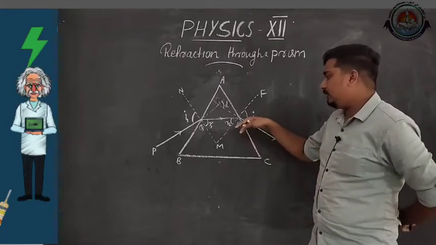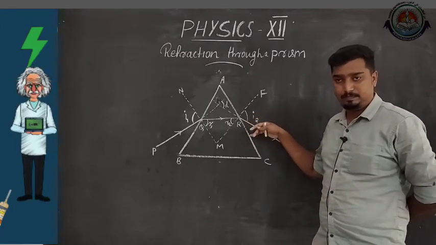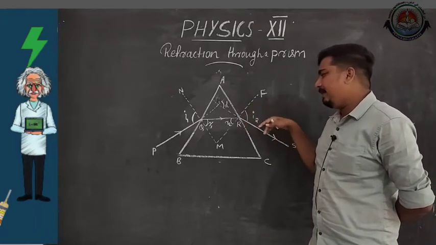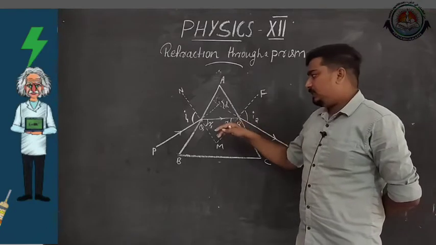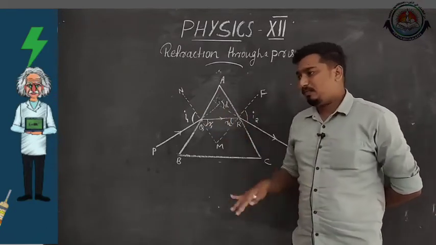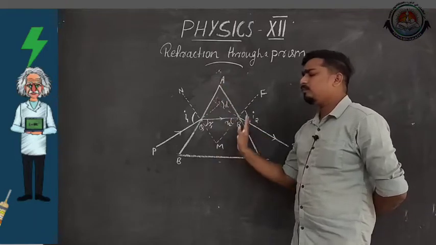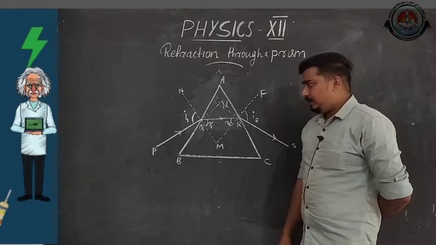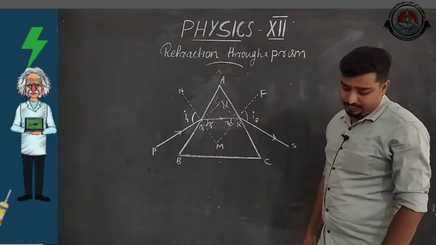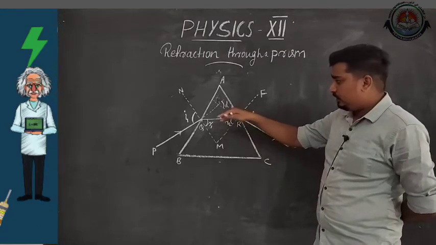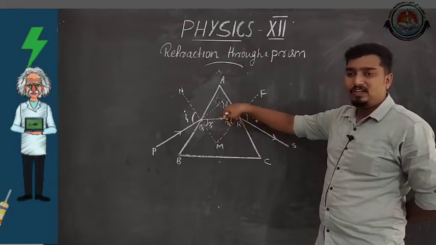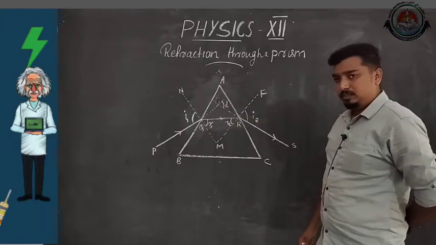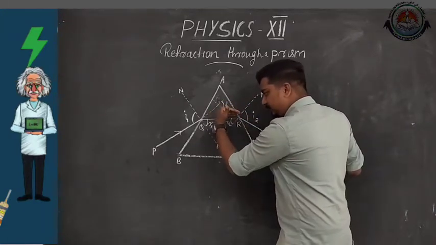Here I2 is the emergent angle, or angle of emergence. This R2 is the second angle of refraction inside the prism. And here this D is the angle of deviation, that is, how much deviation is formed here.